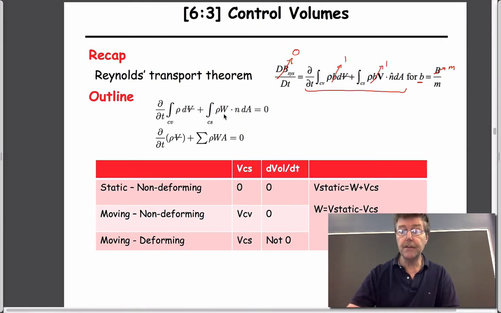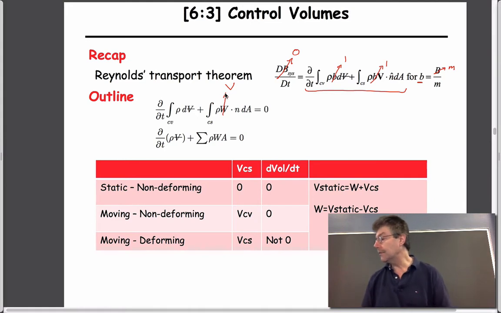Before, we talked about the idea that this was the velocity that fluid is coming out of the control volume. We called it V, lowercase v, I guess, or uppercase V as a vector.